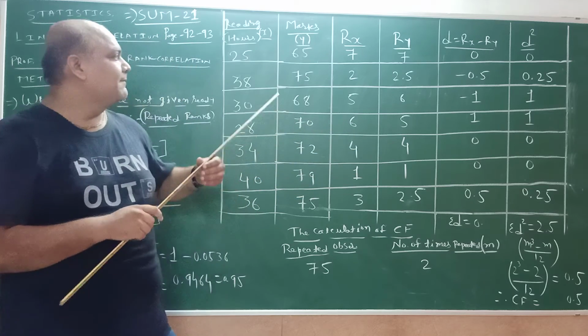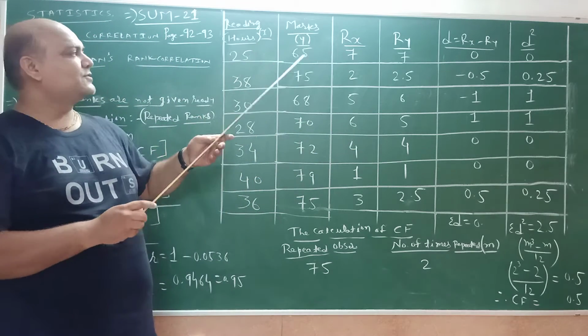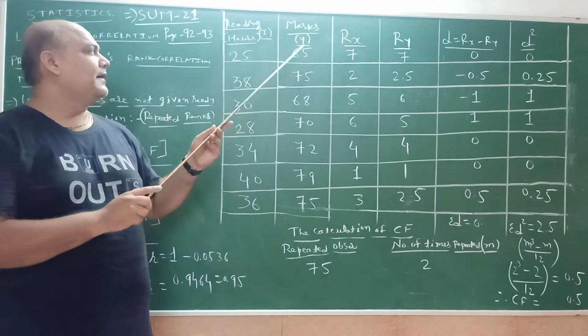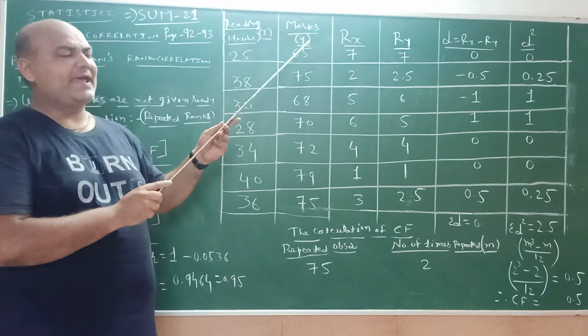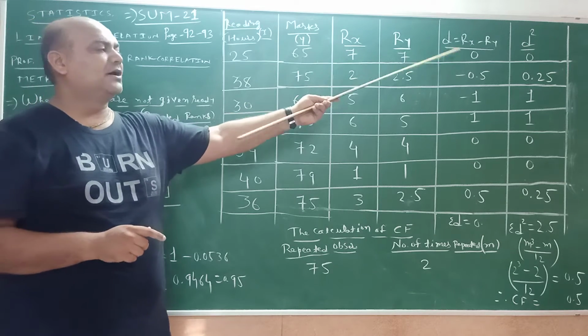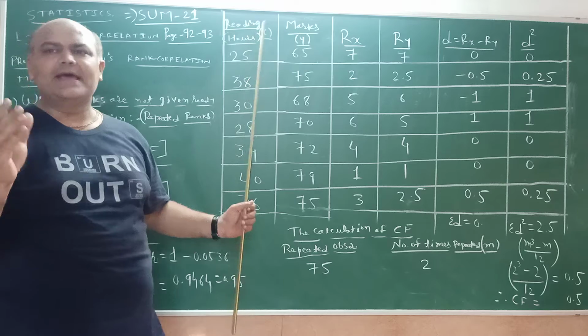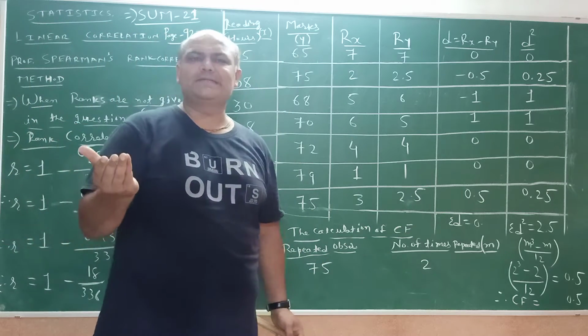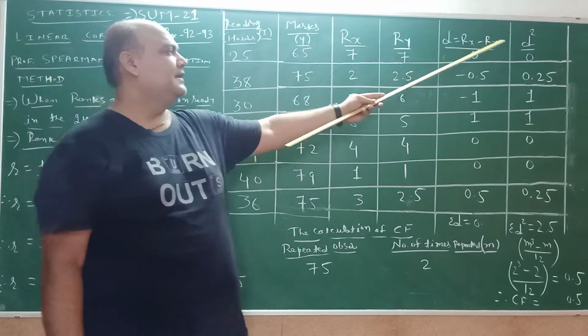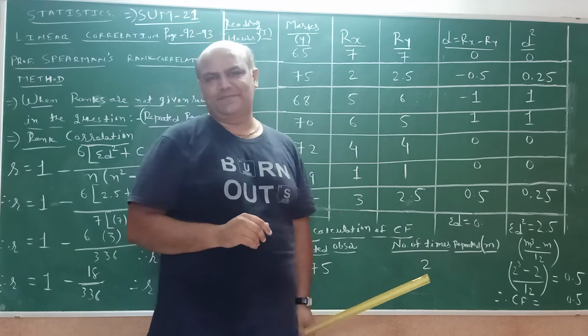First, the rank provided to X, called Rx. Second, the rank provided to the variable Y, called Ry. Third, column D, as in the previous sum, that is Rx minus Ry, and the last column is D square.